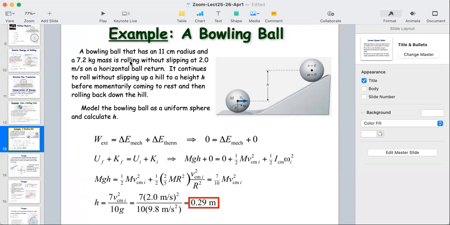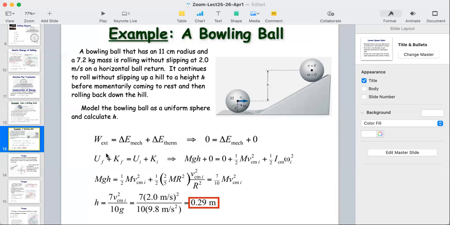At 2 meters per second on a horizontal ball return, it continues to roll without slipping up the hill to a height H before momentarily coming to rest and then rolling back down the hill. Model the bowling ball as a uniform sphere and calculate H. Okay, so here we get to this problem, which might be even more complex than the one that we gave you in the homework.